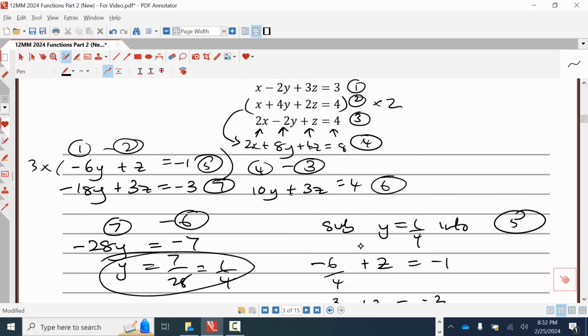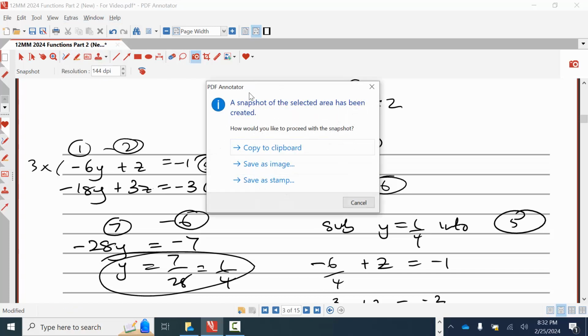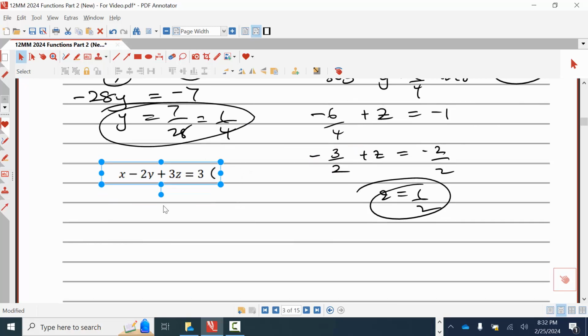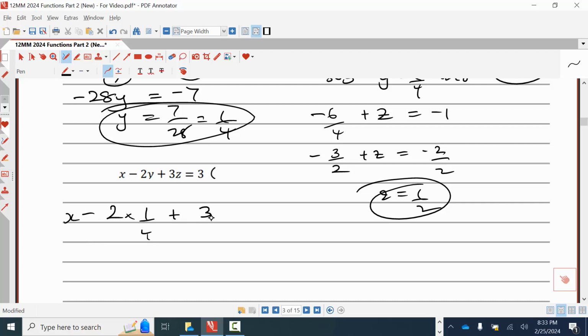Okay, so we've got y, we've got z, we just need to get x. So I'll probably chuck it into this one here, just so I don't have to scroll. Okay, so what we've got is x take away 2 times a quarter plus 3 times a half equals 3.